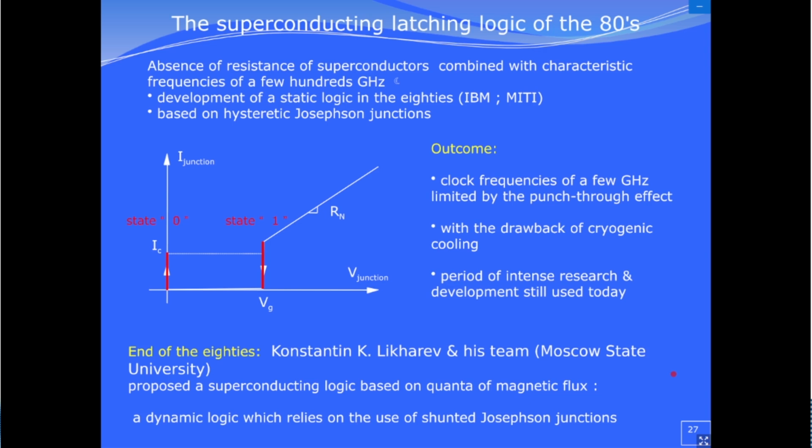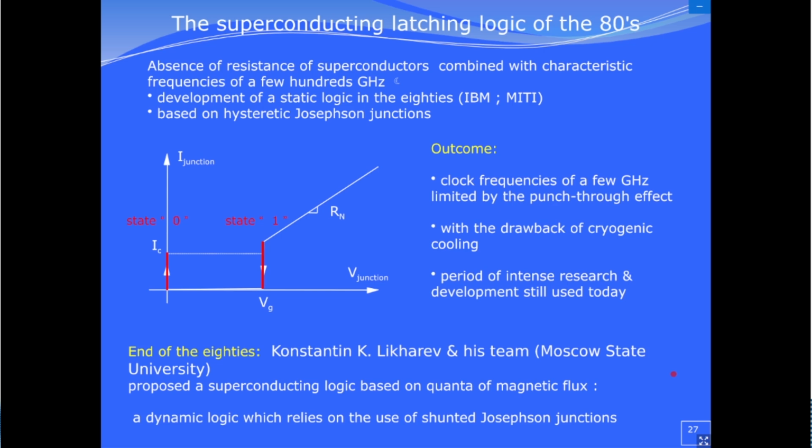If the voltage is 0, we could call that in binary logic the 0 state. And if you are at the gap voltage, you have more quasi-particle currents, and you can call that state 1, right? So you have two levels clearly, and if you can switch between these two levels, you can make what we call a static logic.